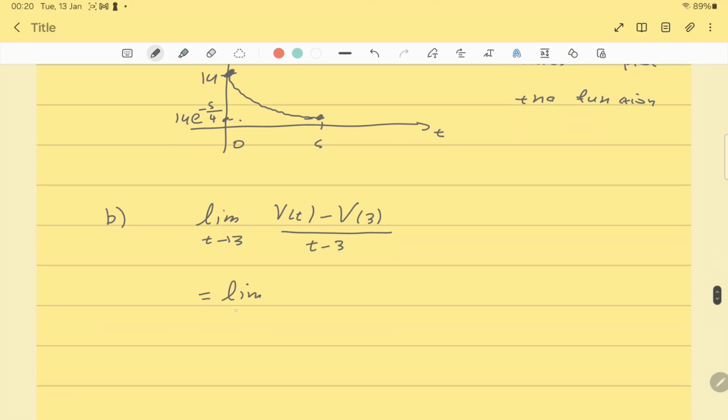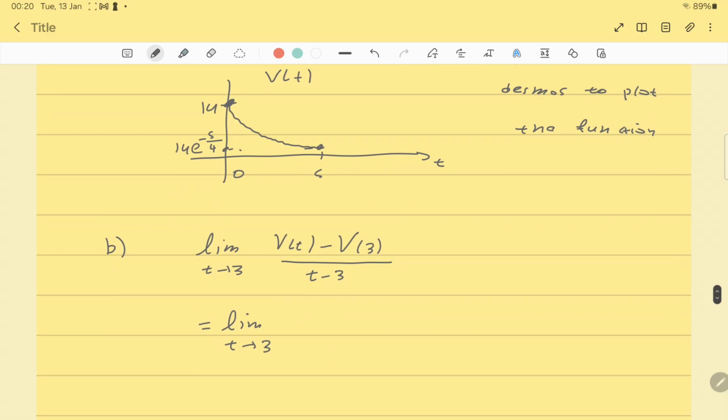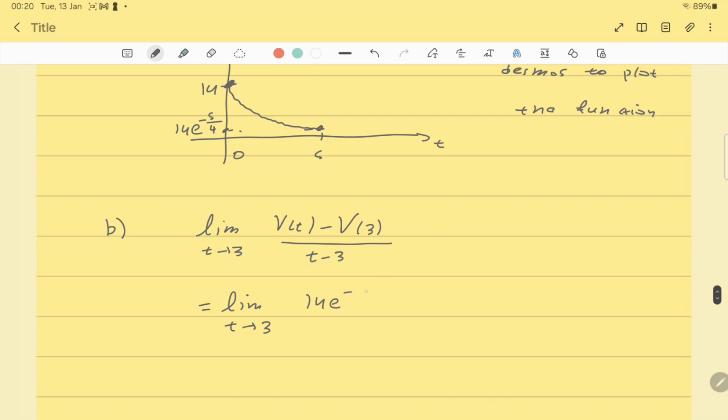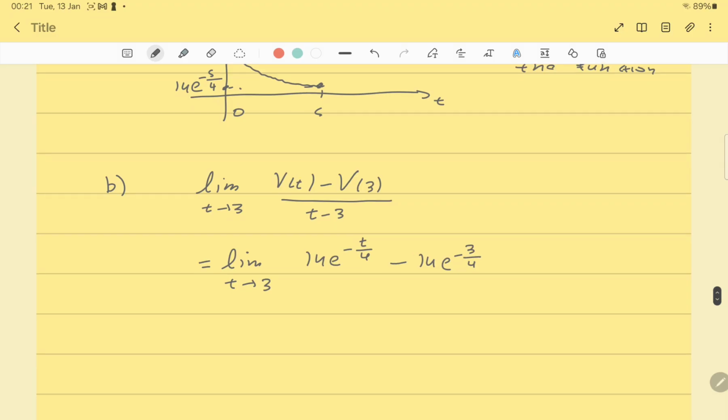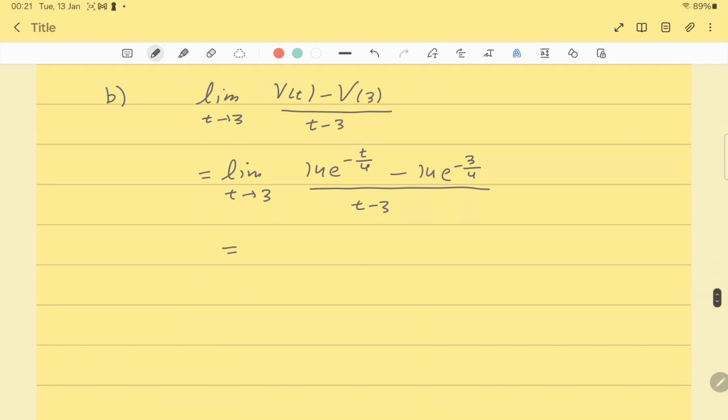So that's the limit as t approaches 3 of v of t, which is 14 e to the minus t over 4, minus v of 3, 14 e to the minus 3 over 4, over t minus 3. Now if you put t equals 3 here, the numerator becomes 0 and the denominator becomes 0.